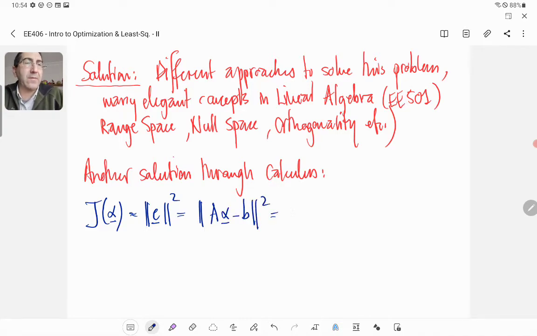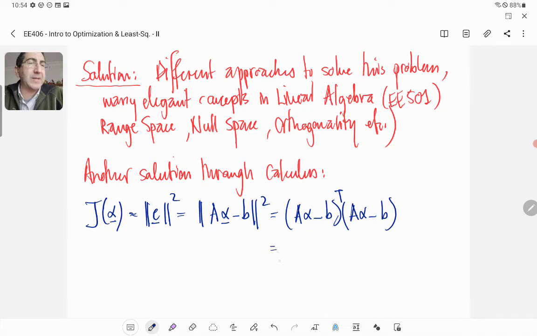We have already written this as A times alpha minus B transpose times A times alpha minus B. Remember, A is a matrix, B is a column matrix, alpha is a vector. A column matrix is nothing but a vector, obviously.